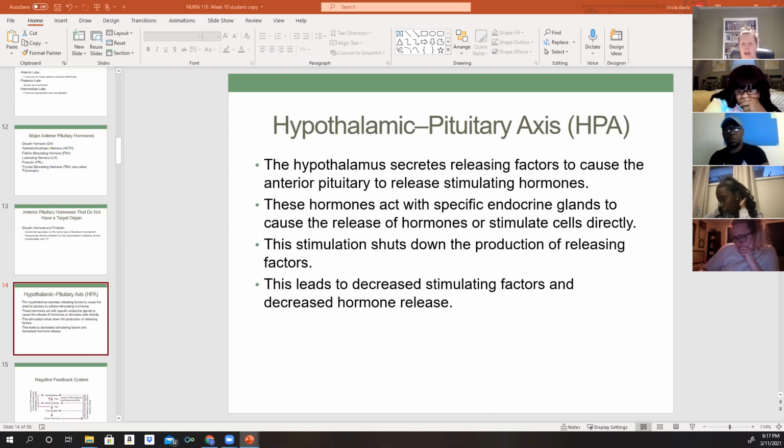So the hypothalamus secretes releasing factors that are going to cause that anterior pituitary to release stimulating hormones. The hormones will act with specific endocrine glands to cause the release of hormones or stimulate those cells directly. The stimulation shuts down the production of the releasing factors, and then in turn, this leads to decreased stimulating factors and decreased hormone release.